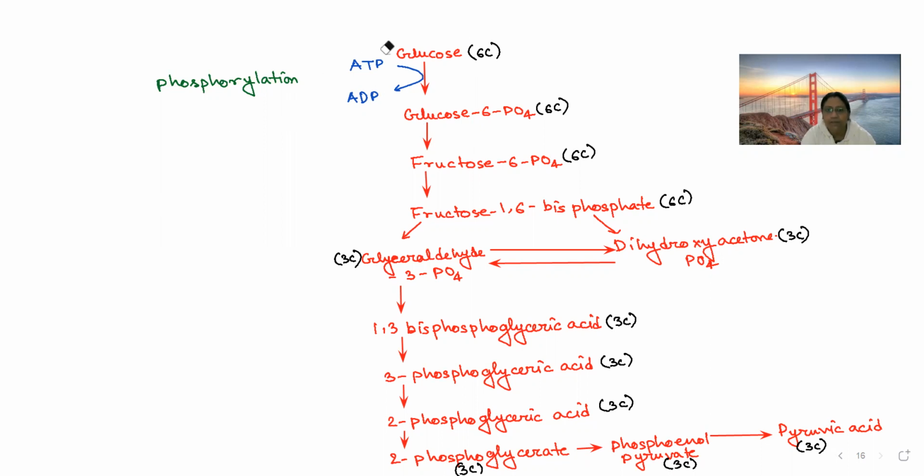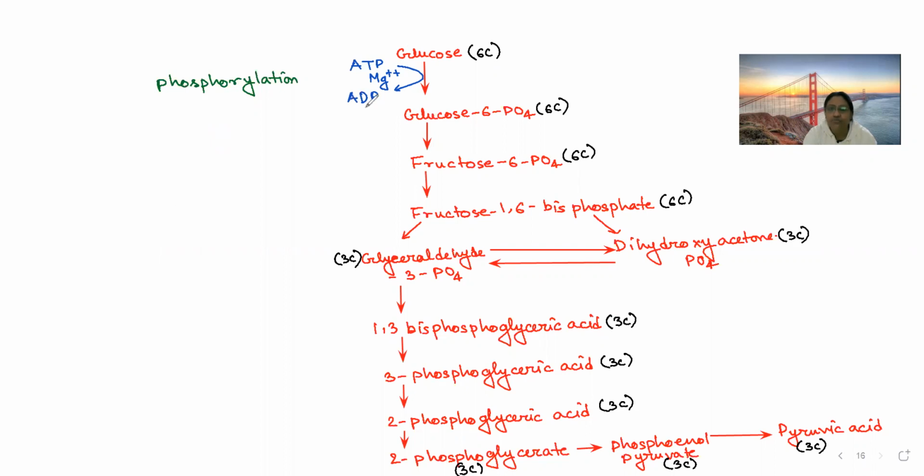So first step is done in this way, and obviously whenever ATP and ADP conversion is there, when I taught you about the mineral nutrient requirement in grade 11 chapter 12, I told you magnesium ion is used as a cofactor for all ATP related enzymes. So ATP to ADP formation is done.